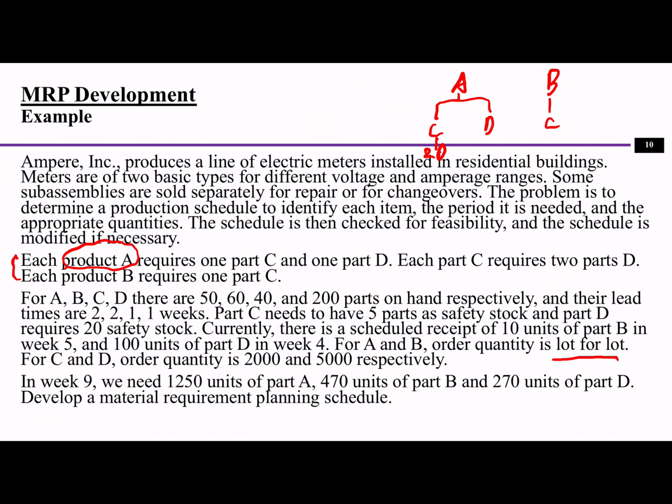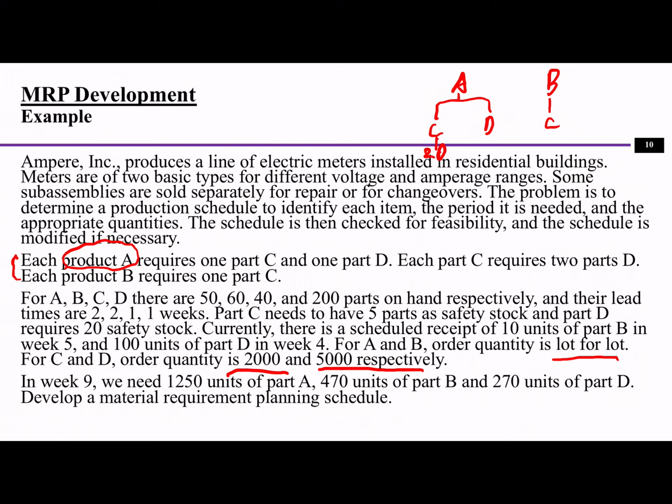And if it is an order quantity of 2,500 or 5,000, what it means is every time I place an order is a fixed quantity. Remember our fixed quantity model, right? Even though I only need one C or D, I have to order 2,000 or 5,000. If I only need one C, I have to order 2,000.